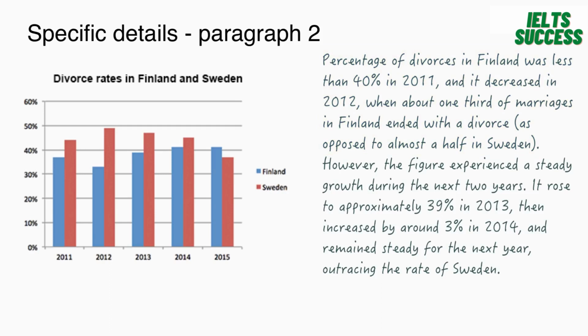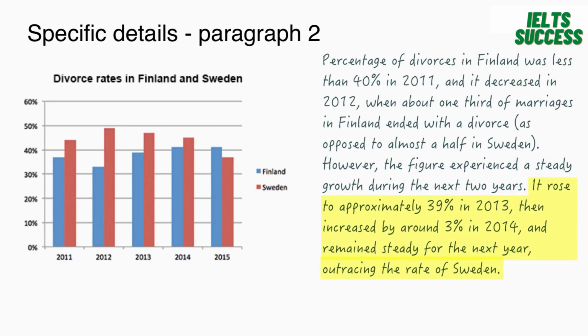Then, from 2013, Finland's rate changes in opposite direction. It starts increasing, so I start the next sentence with the word however and say, however, the figure experienced a steady growth during the next 2 years.